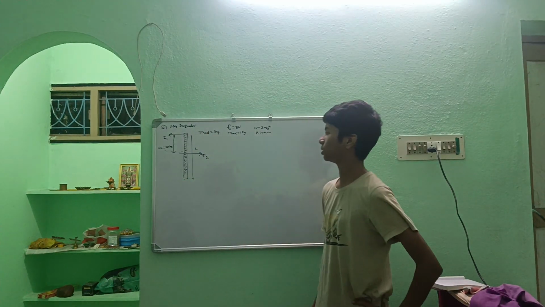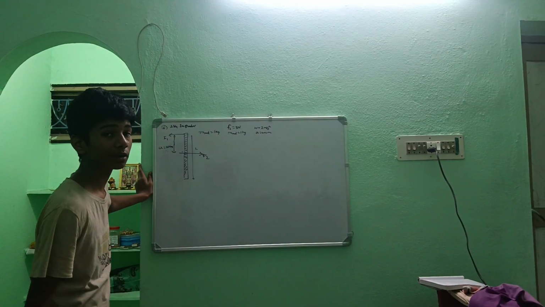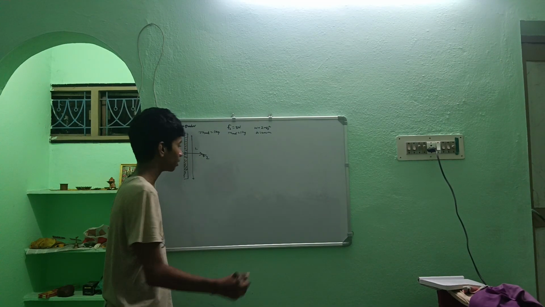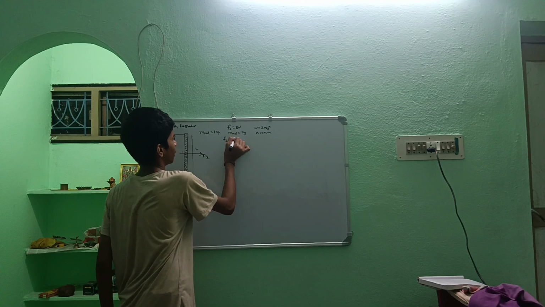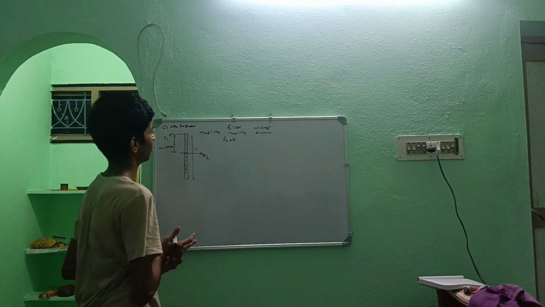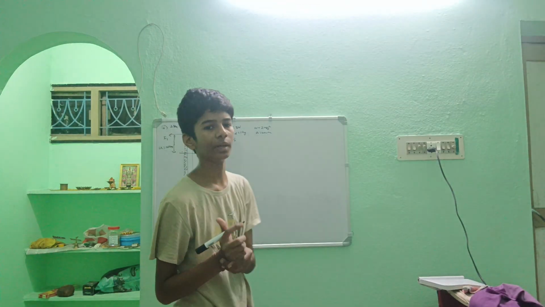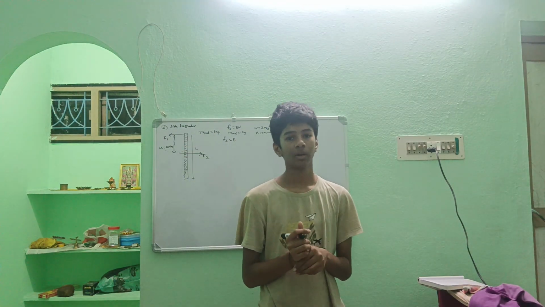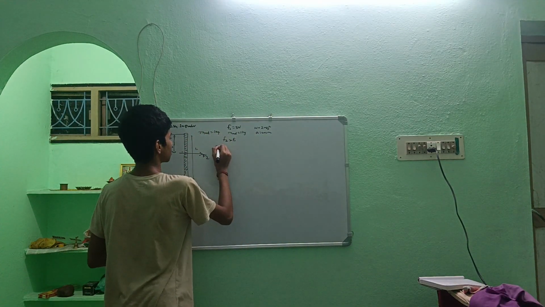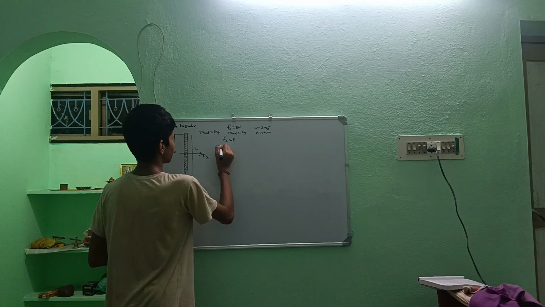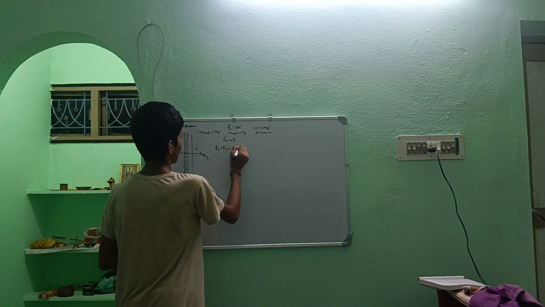To solve this question, you need to study Newton's law, right? Because here F2 is greater than F1, we need to write the equation F2 minus F1 equal to m a.